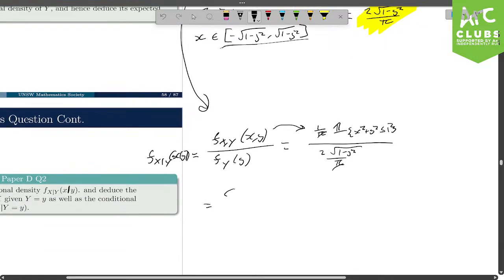So we said this is equal to, and we draw it as a set. It's a conditional answer, okay? Because this 1 can just be a 1, but everywhere else it is a 0. So we say 1 over 2 root 1 minus y squared.